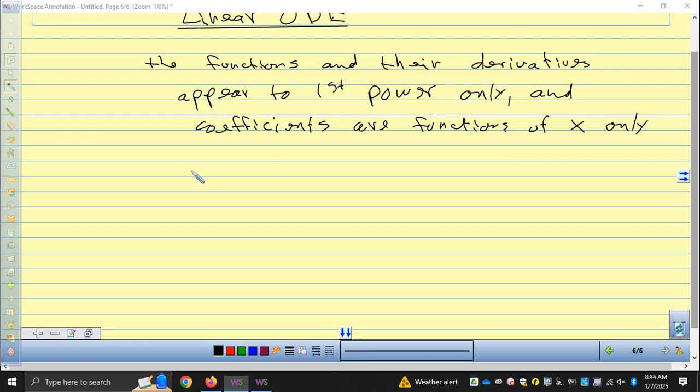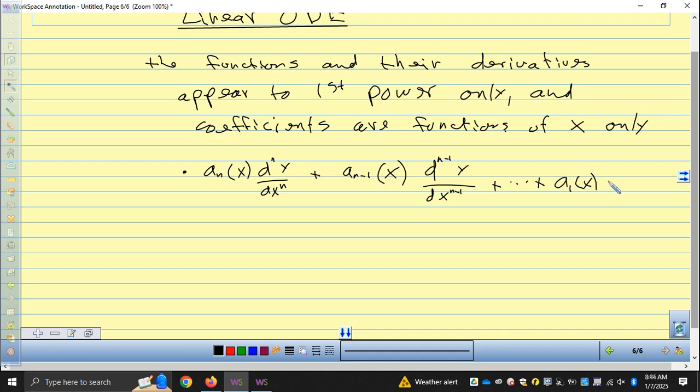So we can write in general, we have a sub n of x d^n y dx^n plus a sub n minus 1 of x, the n minus first derivative here, plus, and we can go all the way down to a sub 1 of x dy dx plus a sub 0 of x y equals some g of x.